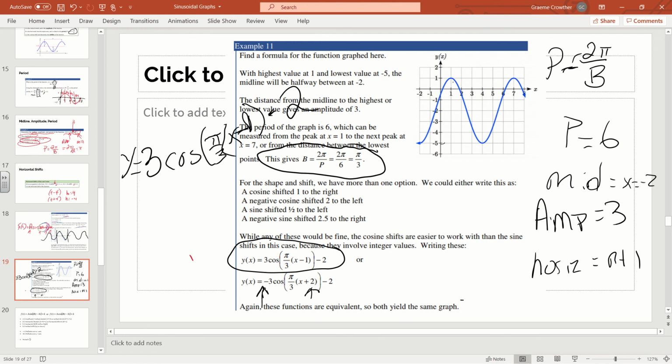I have a sine curve with my midline at -2, going from here up, down, up. So this red curve is a sine curve. So I could write the equation for the sine curve.